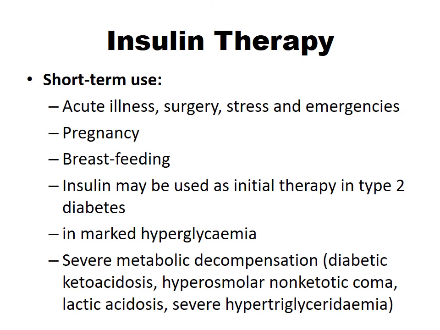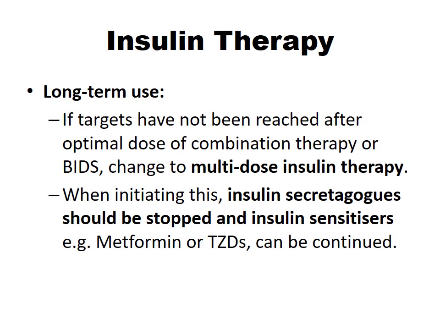Also, insulin therapy is recommended in marked hyperglycemia, in severe metabolic decompensation such as diabetic ketoacidosis, which is associated with type 1 diabetes, and hyperosmolar non-ketotic coma with type 2 diabetes. Also recommended for use in lactic acidosis and severe hypertriglyceridemia.